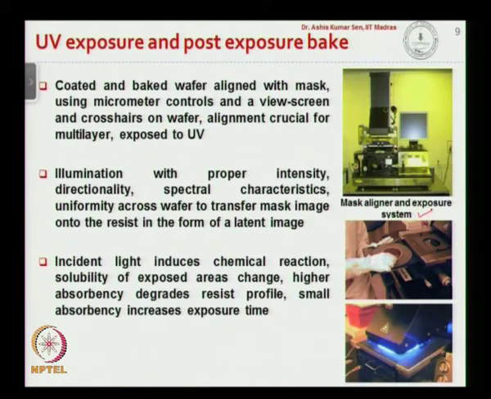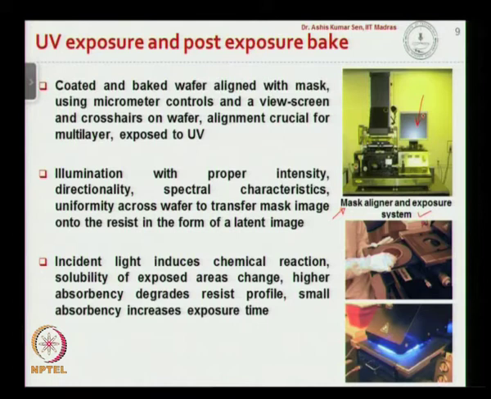Here the coated and baked wafer is aligned with a mask, and this mask aligner will have the provision in terms of a micrometer and a viewing mechanism to align the mask with the wafer.